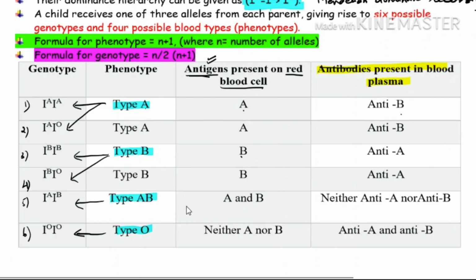That is why type AB blood group, we say it is universal recipient because it does not have any antibodies. And type O blood group has got both antibodies but it does not have any antigen. Because of this, it is known as universal donor.